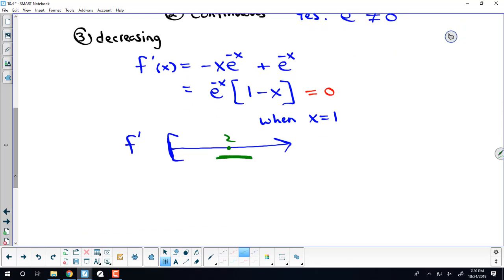So after 1, the derivative is always negative, which means after 1, that particular function is always decreasing.